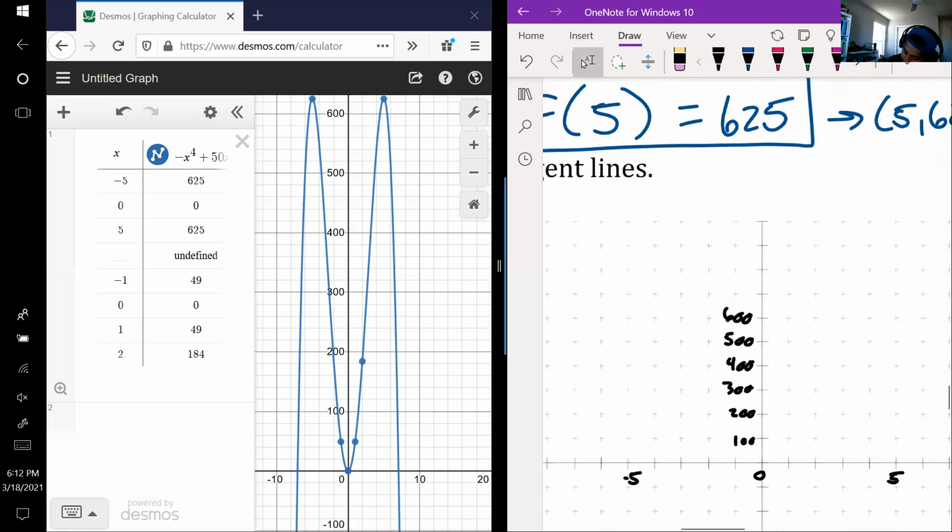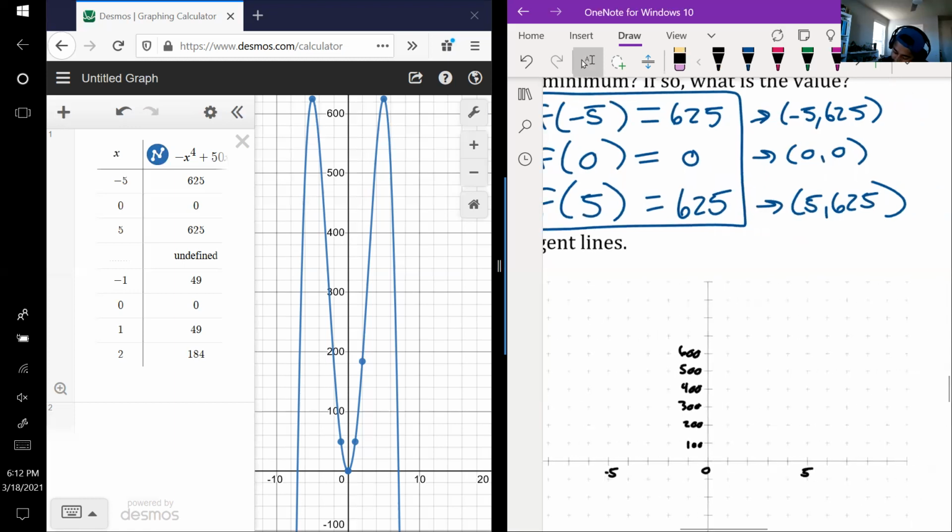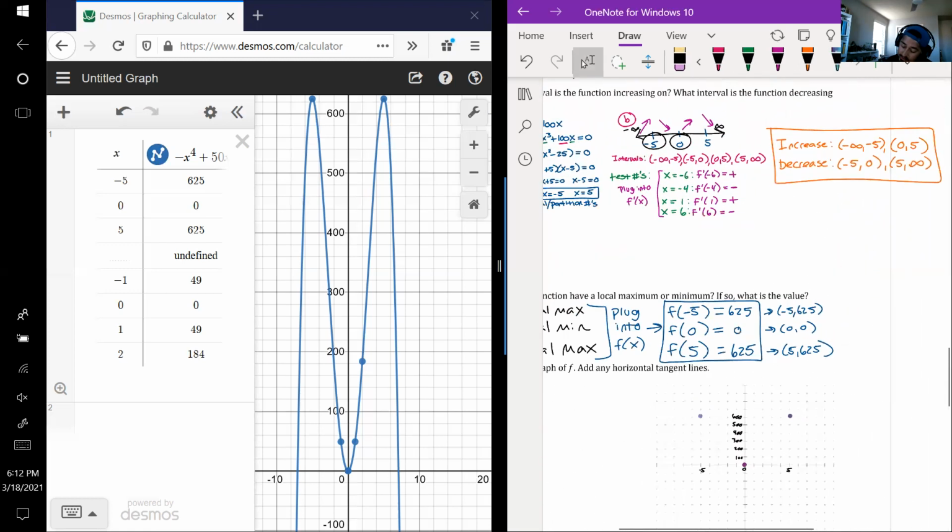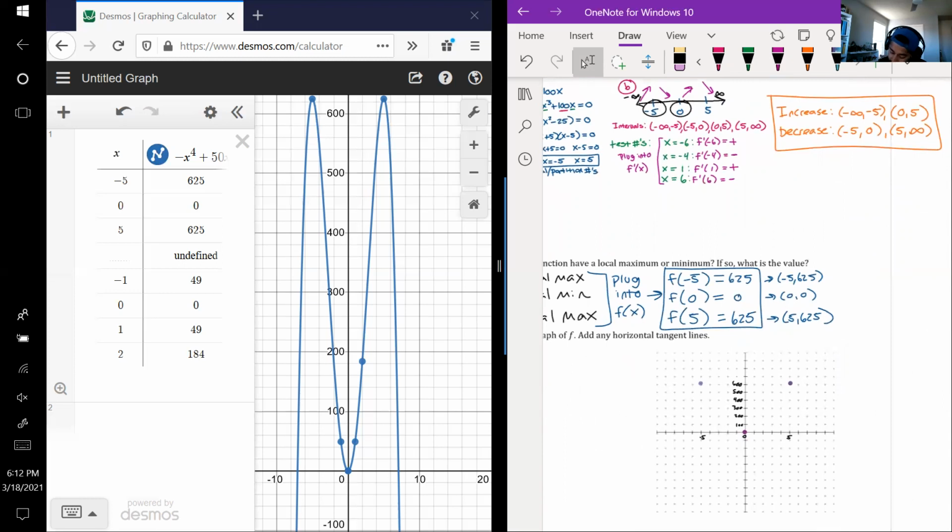Okay. Here I'll plot the points. -5 and 625, somewhere right there. 0, 0, and then 5 and 625. There's my points. And now using the sign chart, from -infinity to -5, we increase.